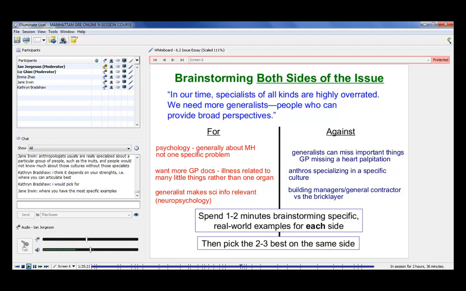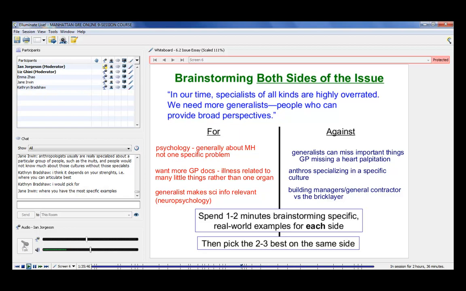So sometimes it's hard to explain your position because you assume too much. You assume everyone else is going to think the same thing, so you don't explain it as well. Sometimes it's easier to explain something that you might actually in real life disagree with. But the point is, you want to pick the one that you have the most specific, relevant examples for and run with it.